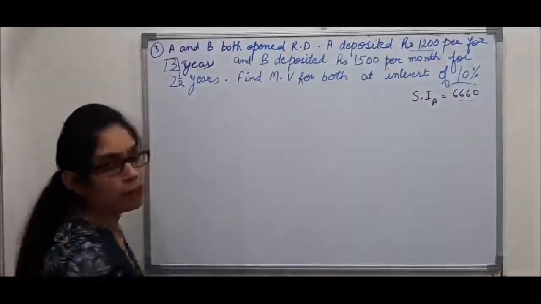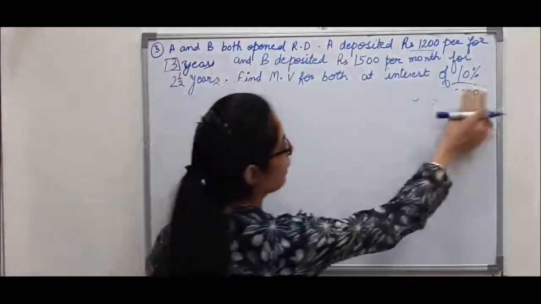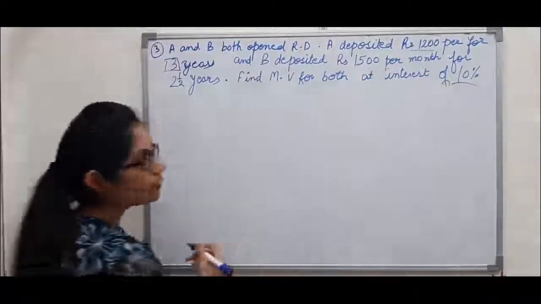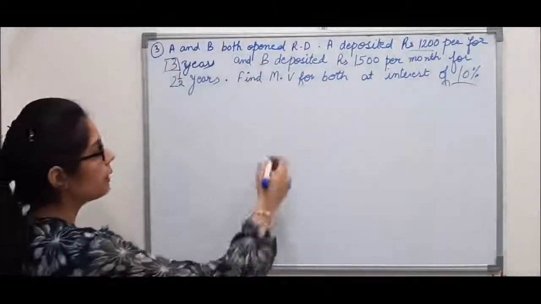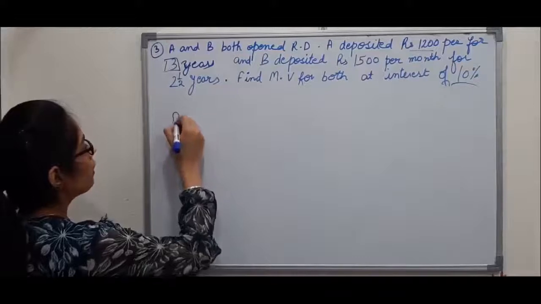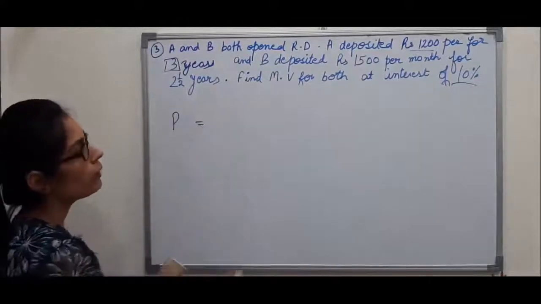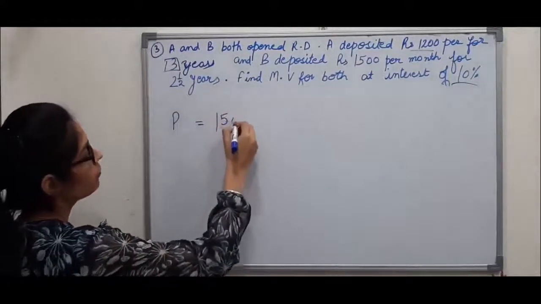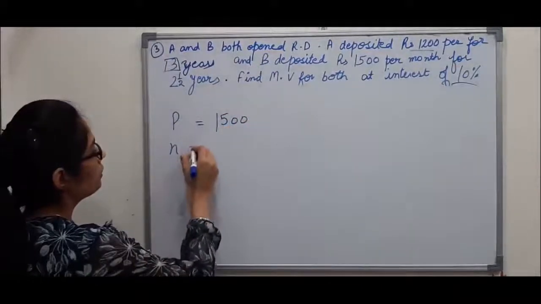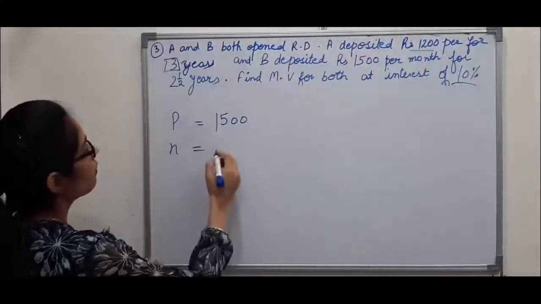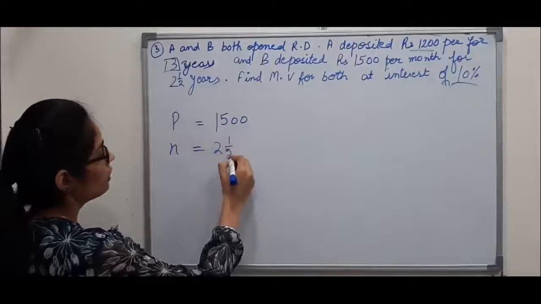To calculate the maturity value of B, I need the amount per month for B, which is 1500, and the number of months, which they have again given us in years, 2.5 years.